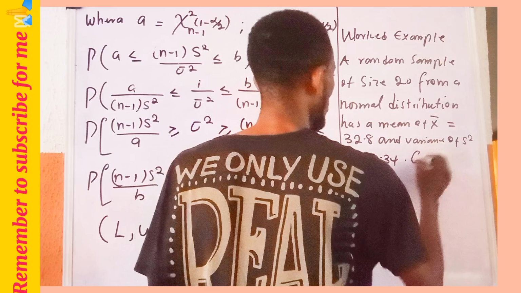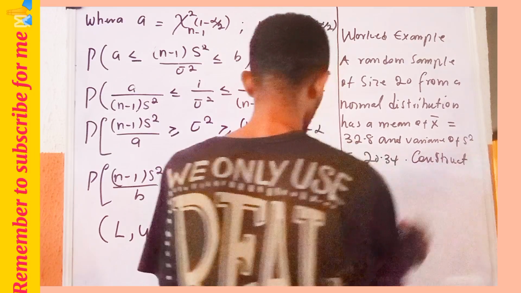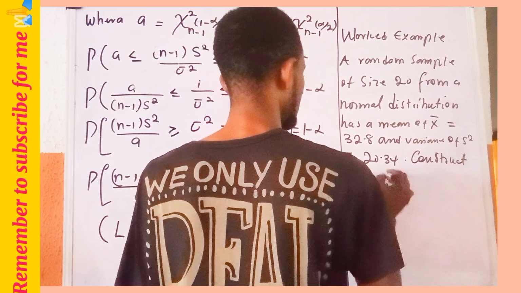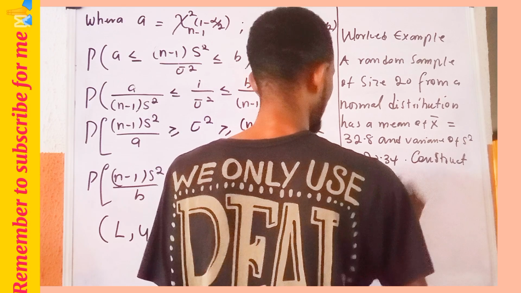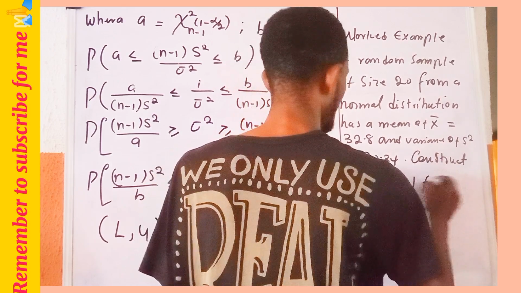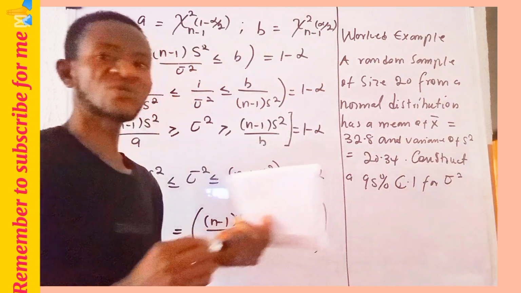They say construct a 95% confidence interval, please permit me to write C.I. for confidence interval, for sigma squared. That is the question that they gave us.